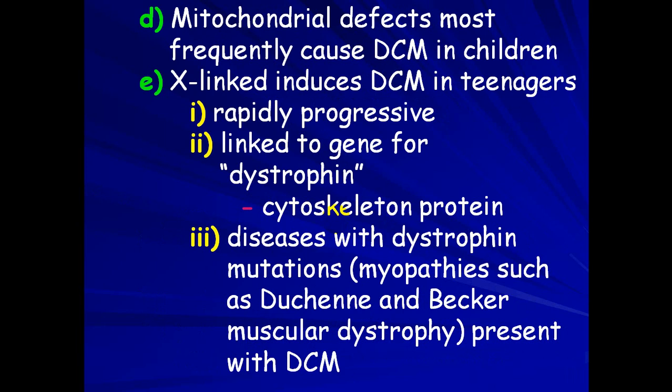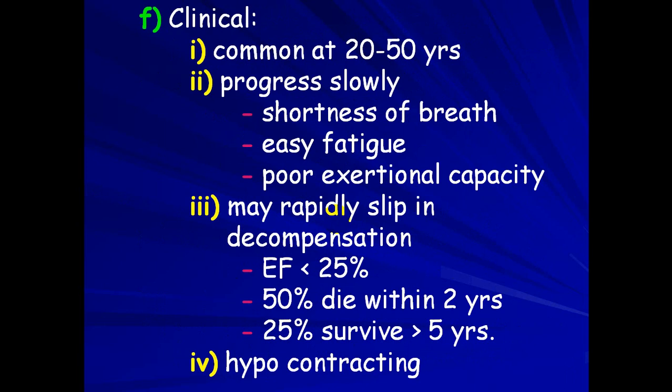X-linked cardiomyopathy in teenagers is rapidly progressive and linked to the gene for dystrophin. Diseases with dystrophin mutation, myopathies such as Duchenne and Becker muscular dystrophy, present with dilated cardiomyopathy.